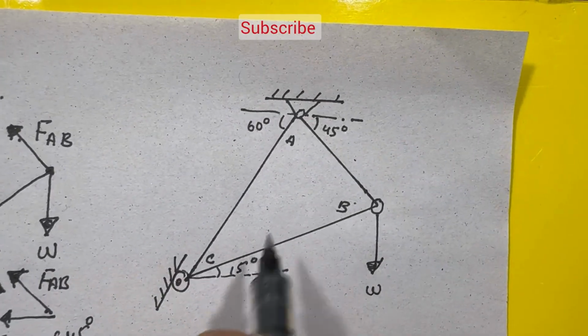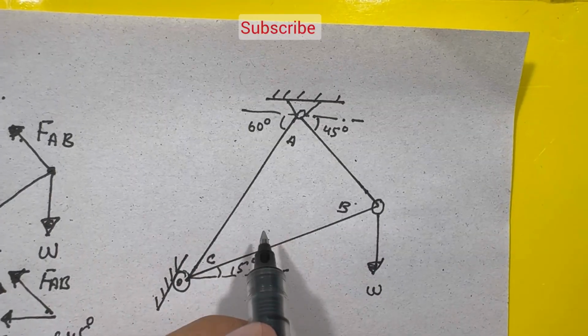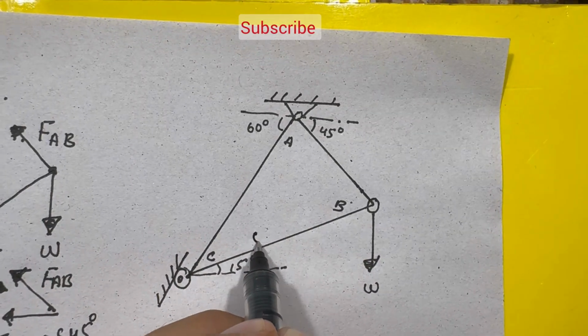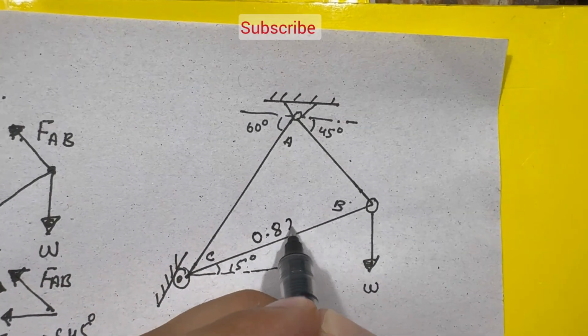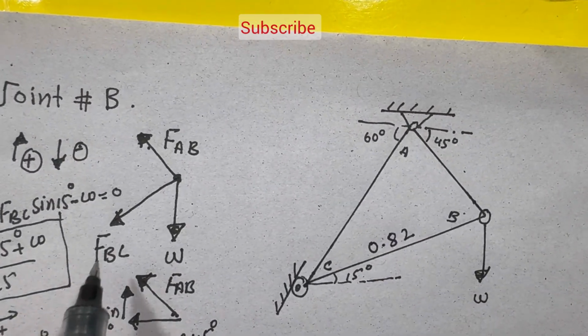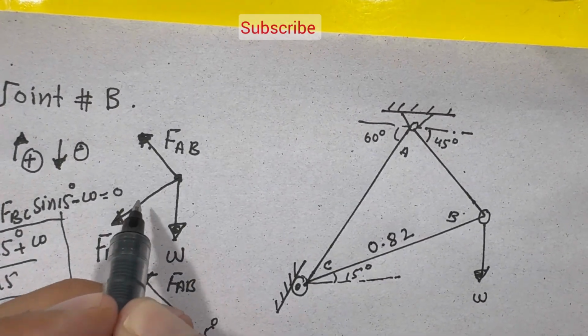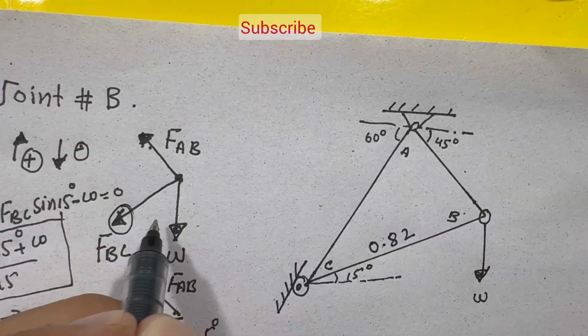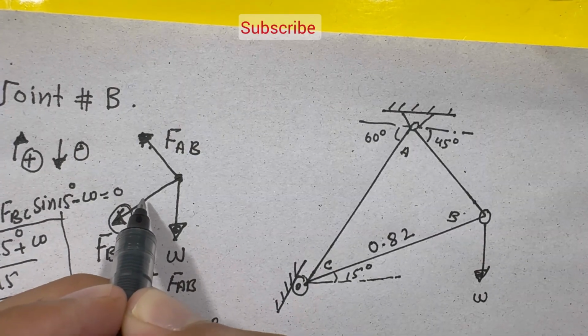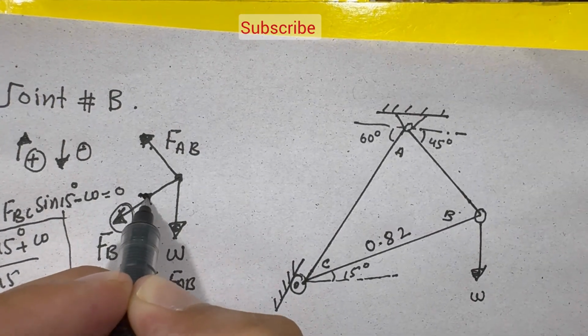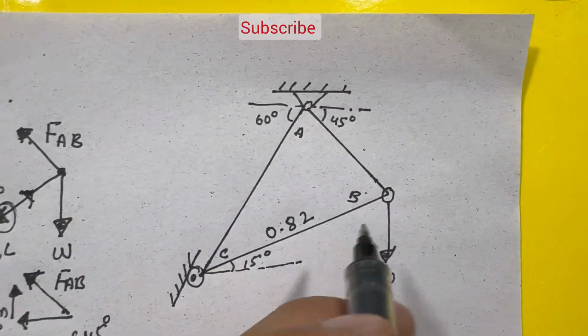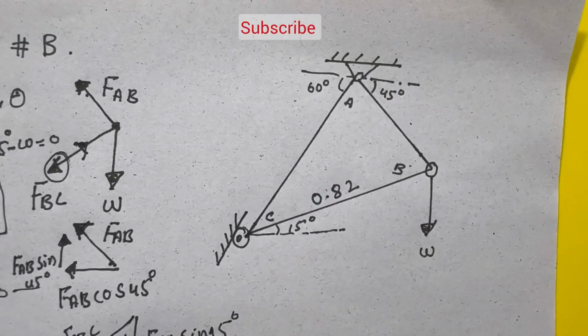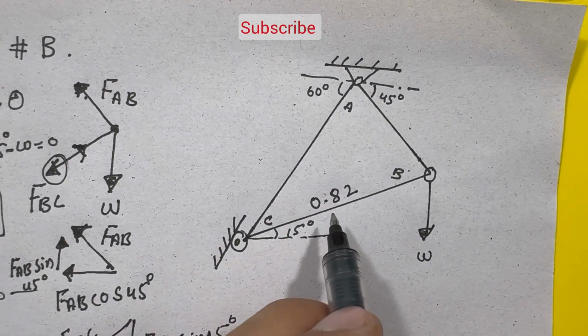In this member the force is 0.82 W. When I assumed that this force is in tension, it is not really in tension, it is in compression. So this force will be in compression, it will squeeze down.